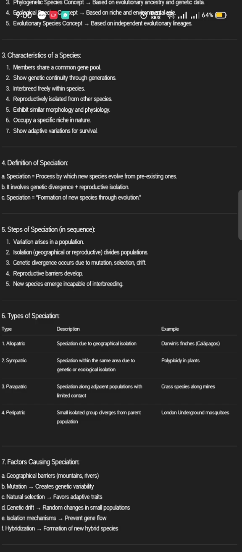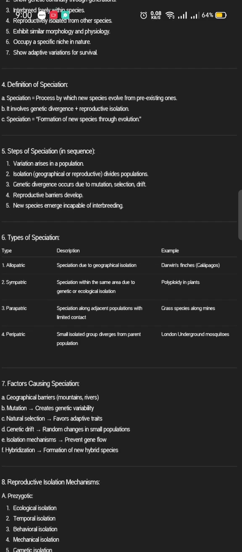So peri, diverging from the parent, is peripatric, and para is speciation along adjacent populations with limited contact.